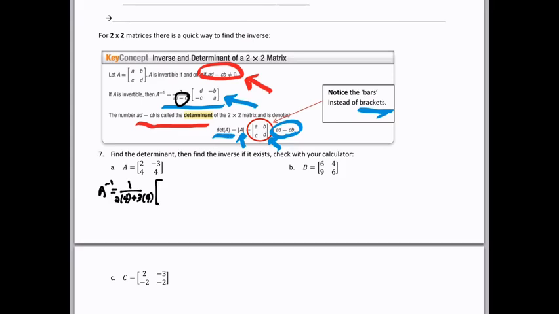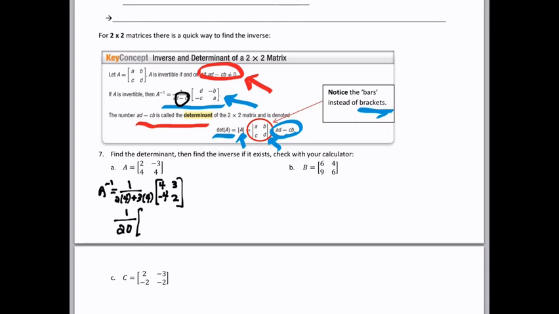And then we have this modified matrix, so we're switching our first diagonal, the 4 and the 2, and changing the sign of the other one. So I put the 3, and we'll have a negative 4 down here. All that we have left to do is simplify. So my fraction becomes 1 over 20.